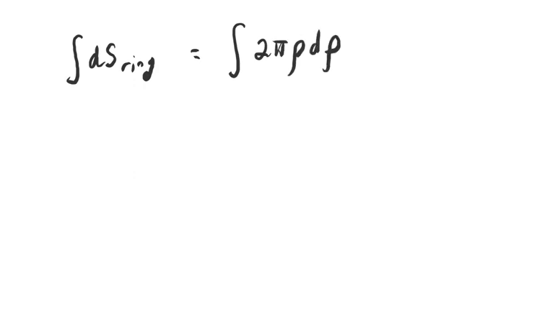If I take this guy, which I know now is 2 pi rho d rho, and the only variable is rho here, so it starts from 0, the center of the circle, and goes out to the radius of the circle, then you can do this integral just as well as I can, and you'll get pi r squared, the area of the circle.